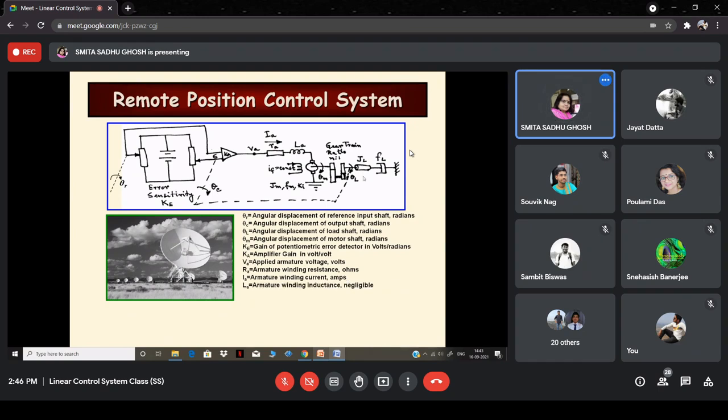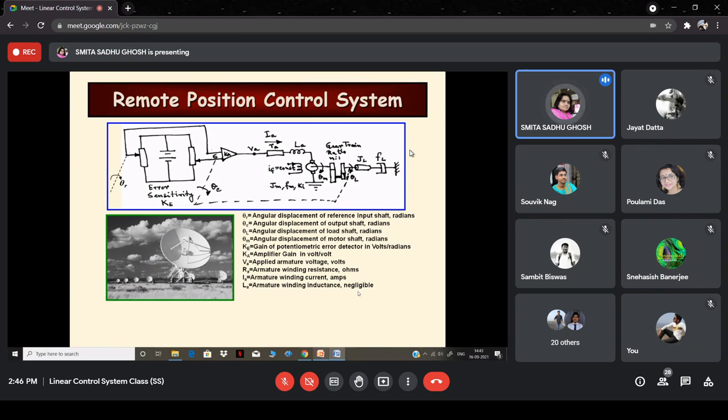Next, we have LA, which is the armature winding inductance. You would recollect that we had discussed that the armature winding inductance is negligible and often considered zero. Over here, we've mentioned that it is negligible because when we derive the model, we will be making this simplifying assumption.